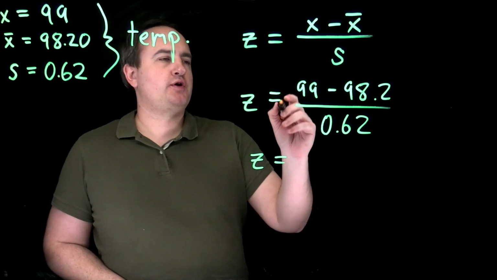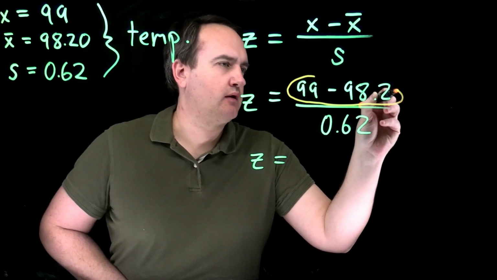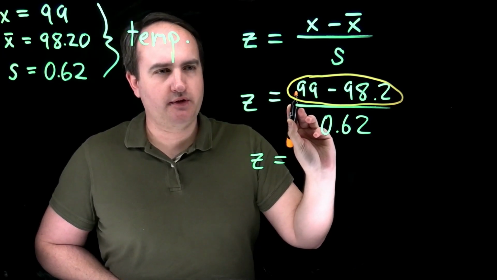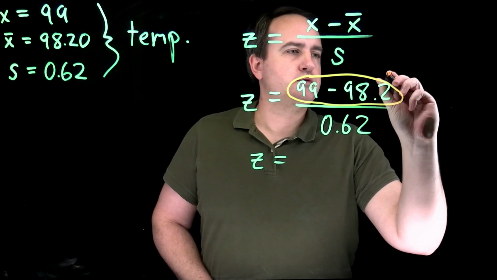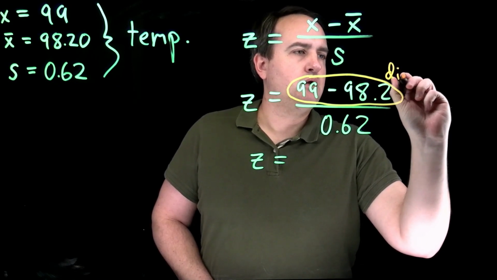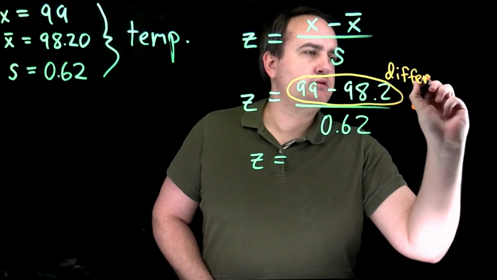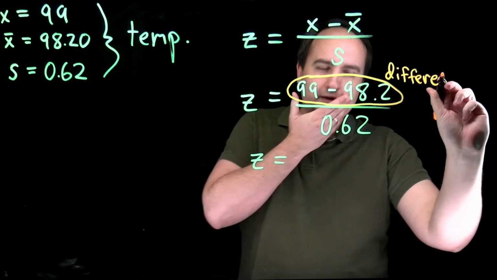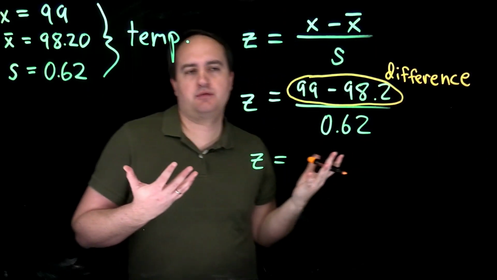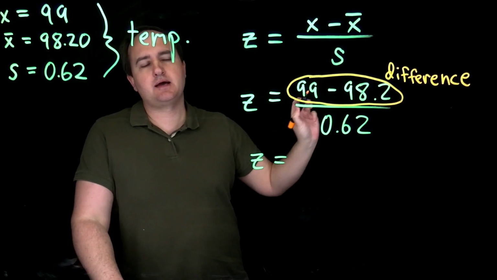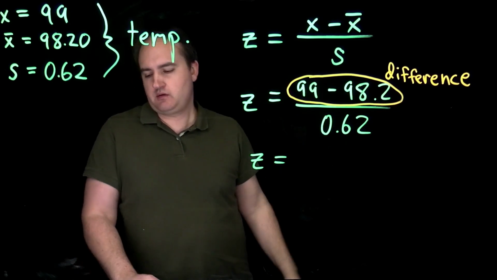What I'm circling in this different color is known as the difference. The reason it's called the difference is that difference in math means subtract. So 99 minus 98.2 is the difference here.